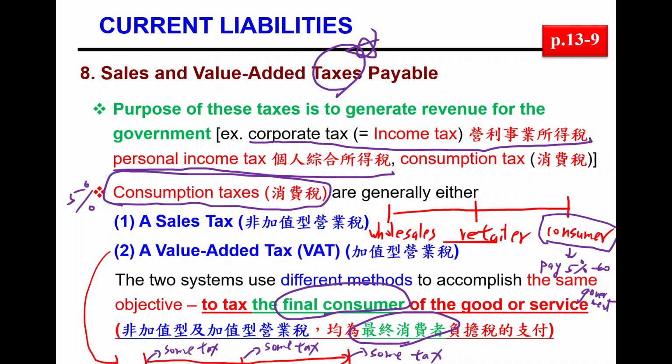But the result is the same. So what's the same result? The consumer pays their 5%. So the 5% is all paid by the consumer. That's the same. The only difference is at which step the government can take some money.